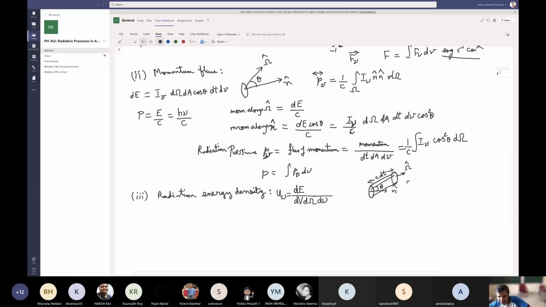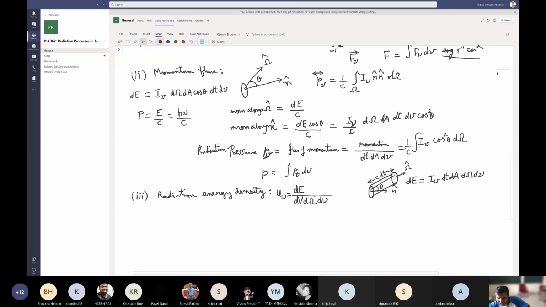Okay, so how much is this energy? So dE is what? In terms of specific intensity, we know that the energy crossing along that direction omega hat is I nu times dt times dA times d omega times d nu, right?